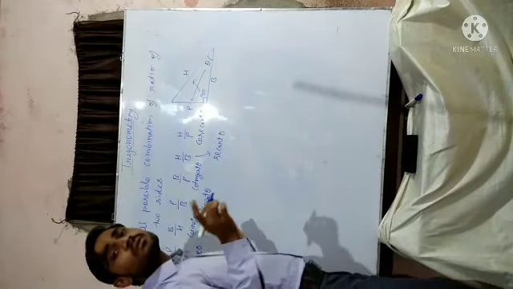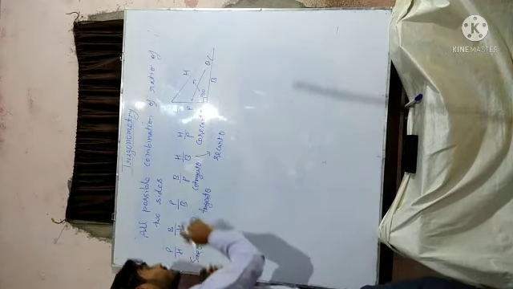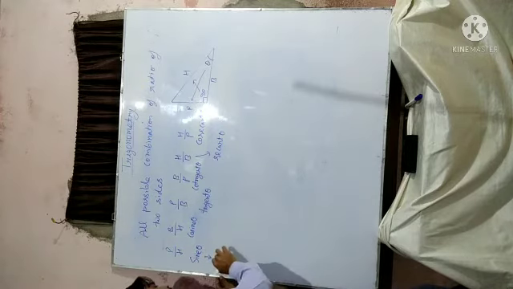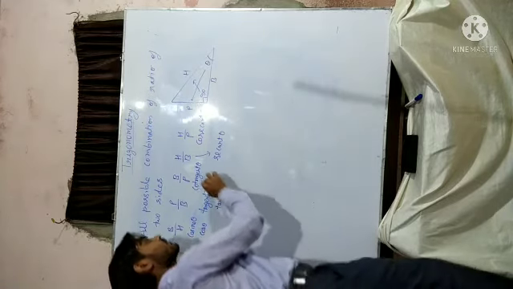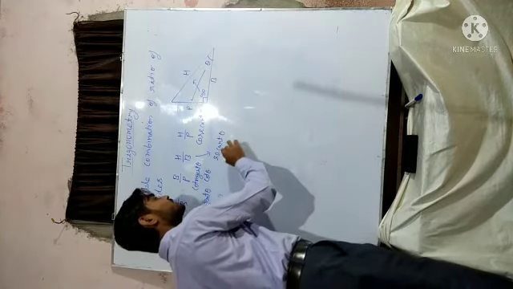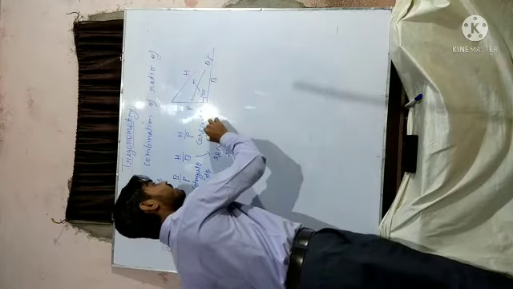And the abbreviations we use for these trigonometric ratios are sin theta, cos theta, tan theta, cot theta, sec theta, and cosec theta.